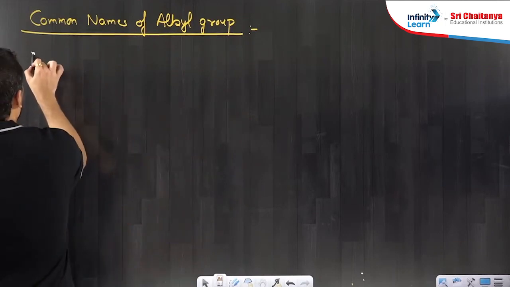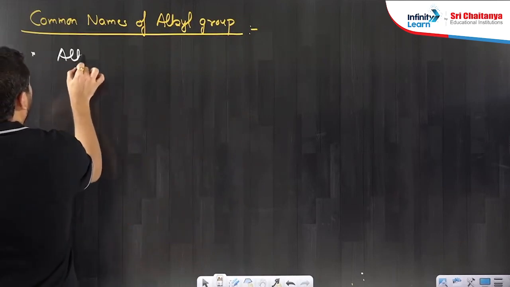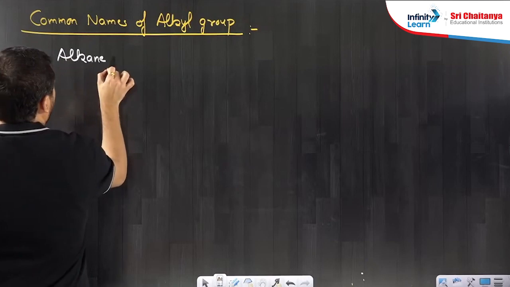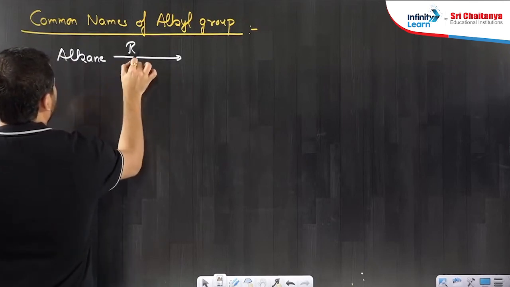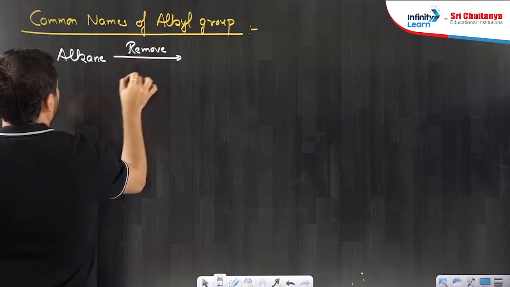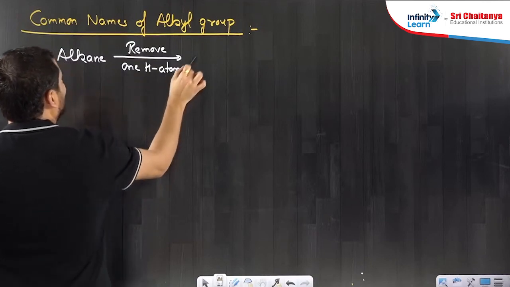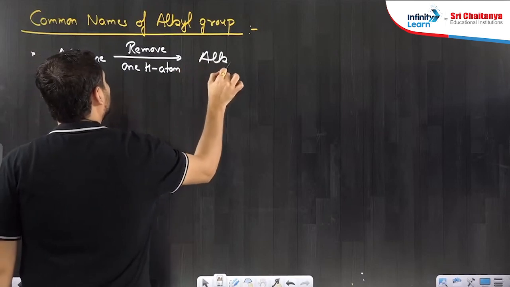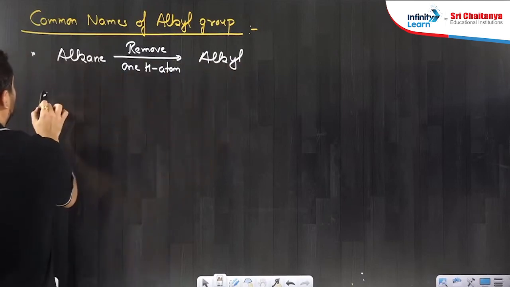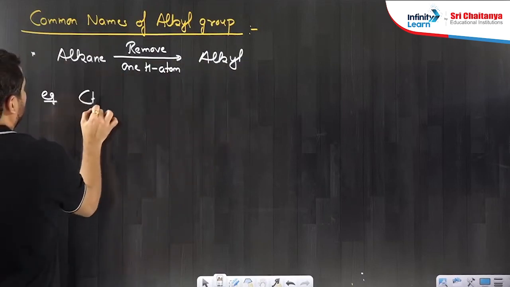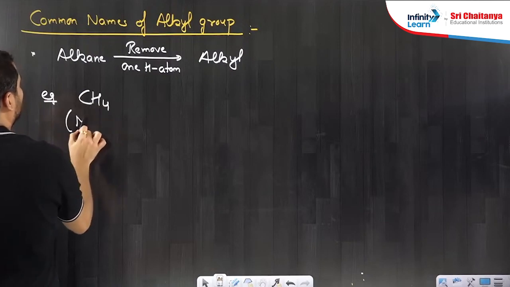So the first point we have to remember: if we take any alkane and remove one hydrogen atom, then the group obtained is called which group? Alkyl group. For example, CH4. What is the name of CH4? Methane.